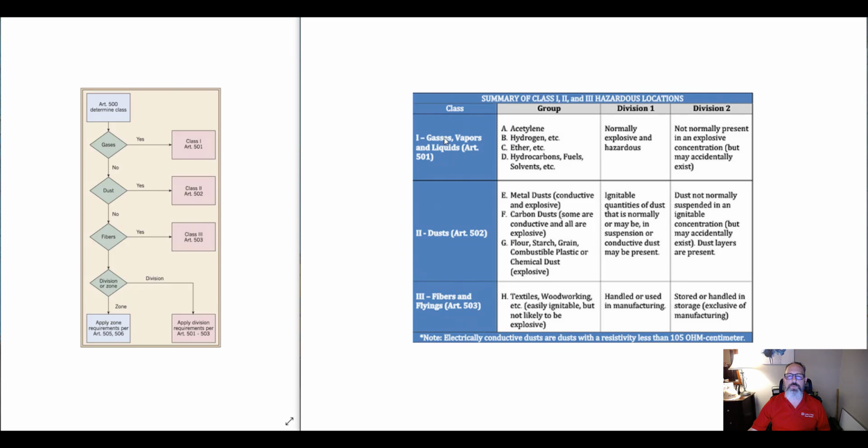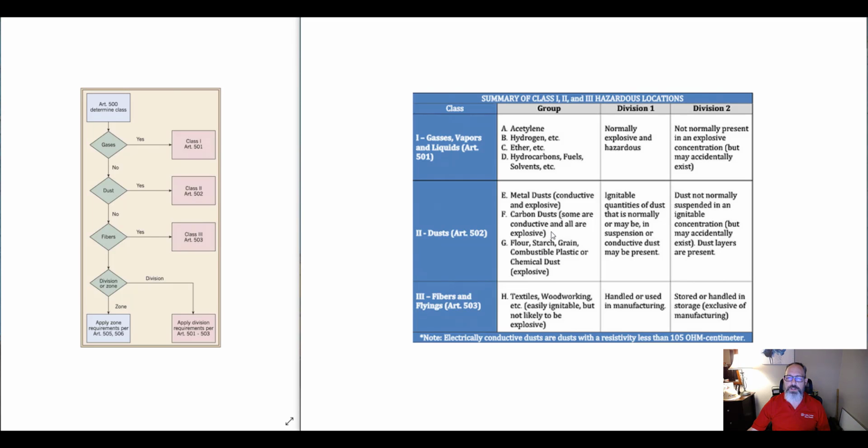We've got Class 1. Gases, vapors, and liquids is Article 501, and that could be acetylene, hydrogen, ether, hydrocarbons, fuels, solvents. Dust is Class 2, Article 502, and that can be metal dusts that are conductive and explosive, carbon dusts that are conductive and some explosive.